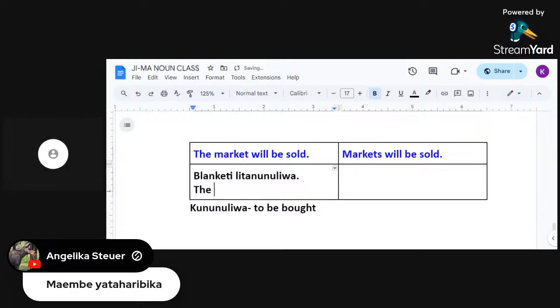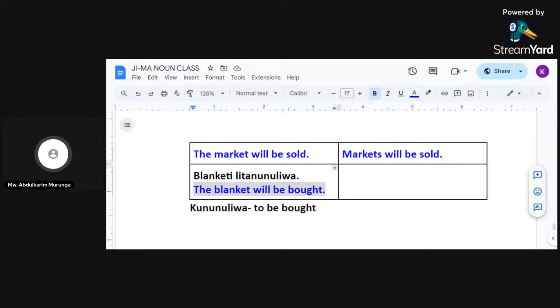The blanket will be bought. Yes, okay, you write in the chat. The blankets will be bought. The plural for this sentence, just write in the chat here. I give you like 10 seconds, tafadhali.